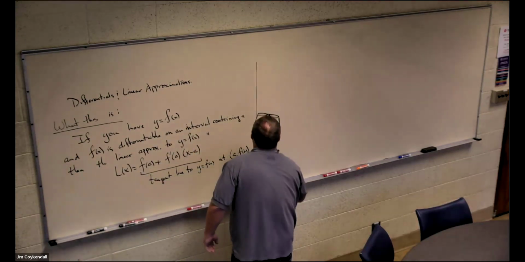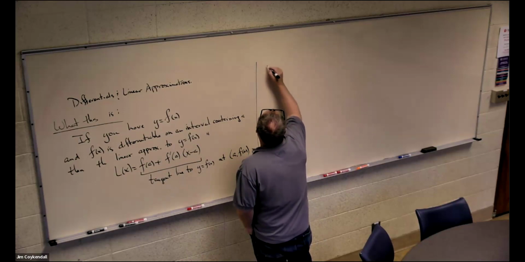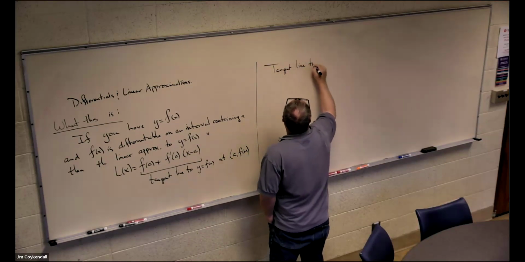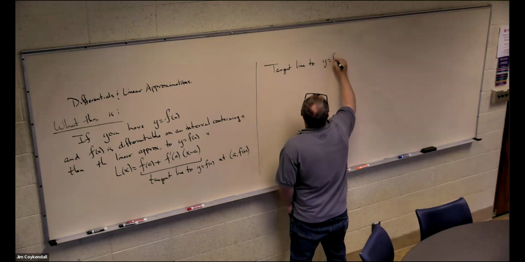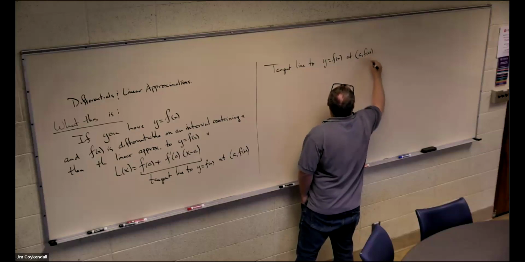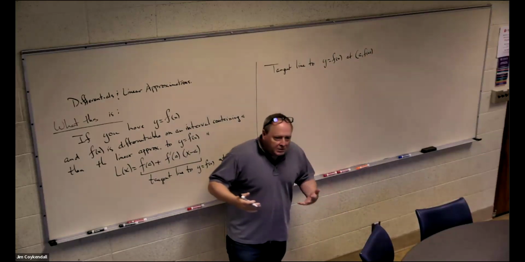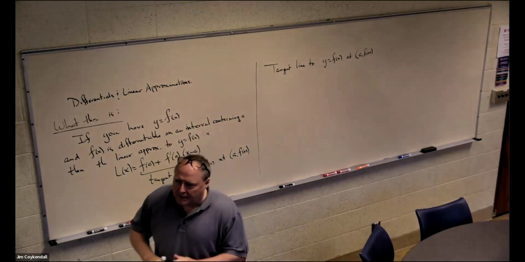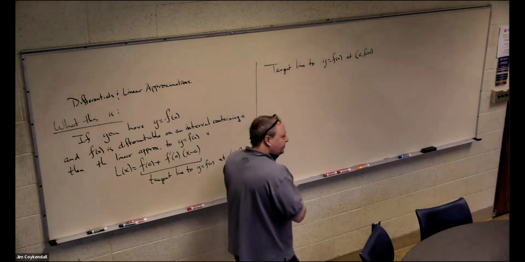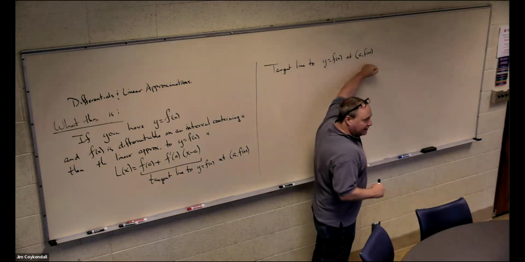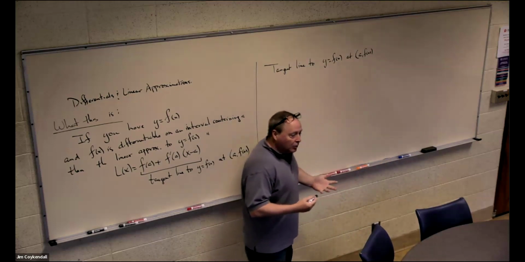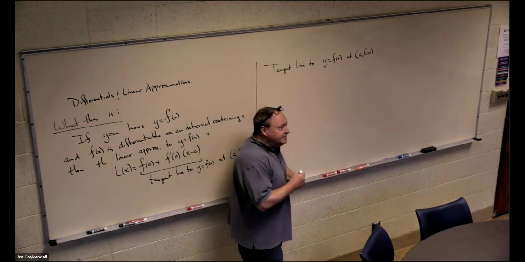Because recall, what do you need to get a tangent line? You need two pieces of data. You need a point, there you go, and you need a slope. And what tool do we use to get the slope of the tangent line?